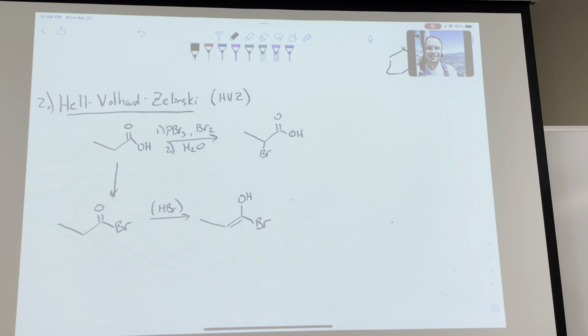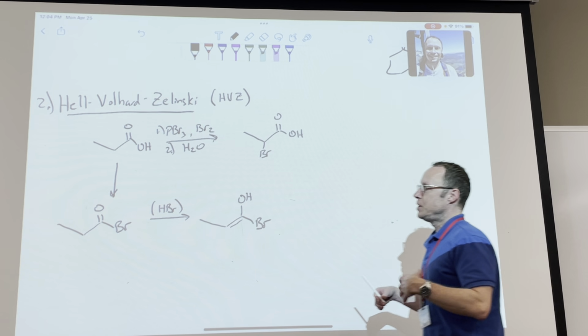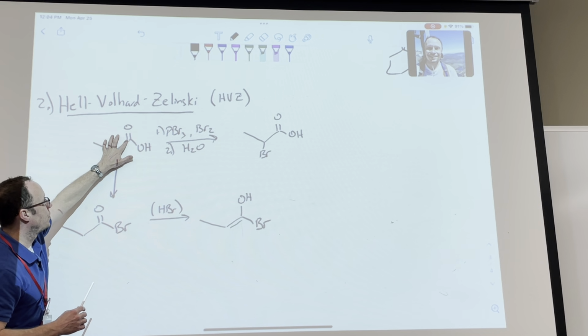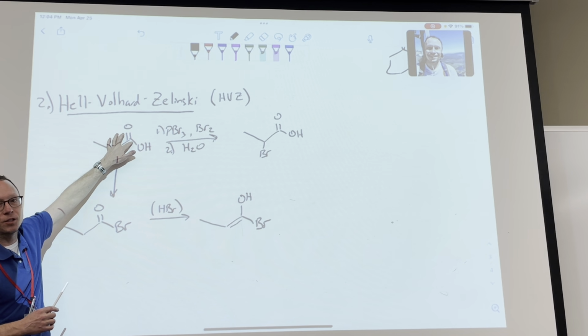Well, why is it that we can enolize the acid bromide, but we couldn't enolize the carboxylic acid? Well, you're right, the Br and the oxygen are not the same, that's the crux. The reason why we couldn't enolize the carboxylic acid is because you had electron density being pushed into the carbonyl from the oxygen.